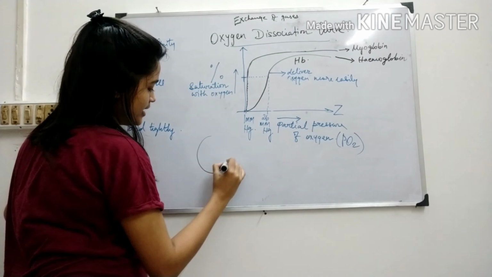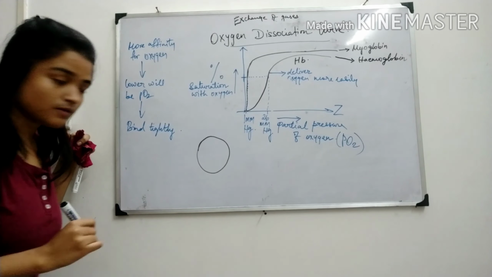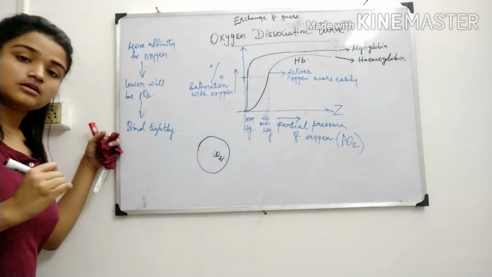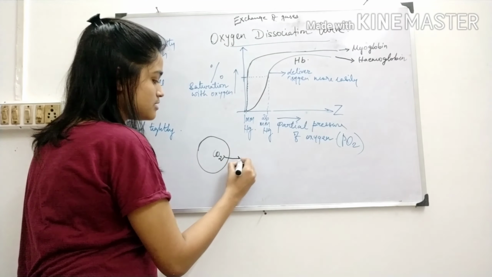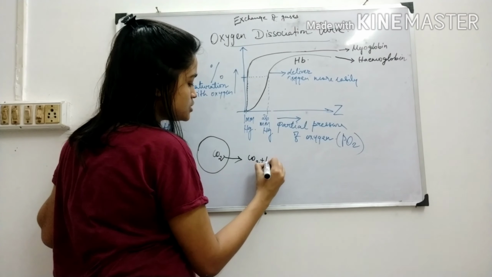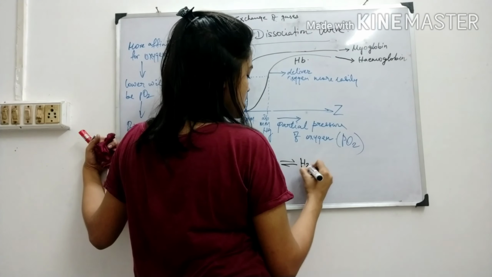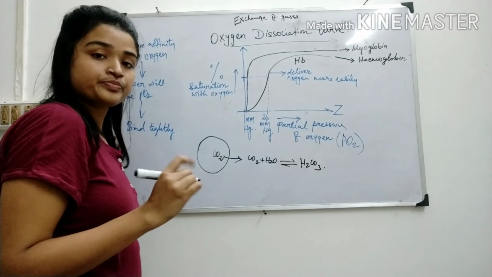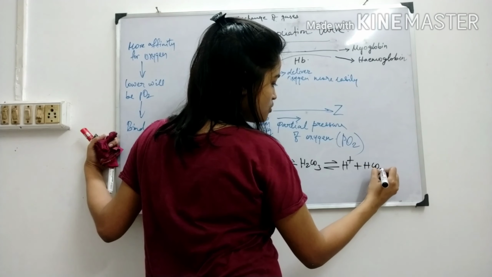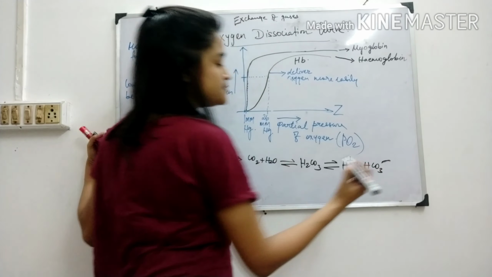This is the cell which is respiring, so it is producing carbon dioxide, which comes into the plasma. Now this carbon dioxide joins with H2O, forming carbonic acid, which is unstable and breaks up into H+ and bicarbonate.